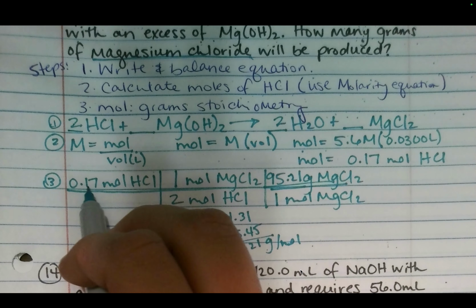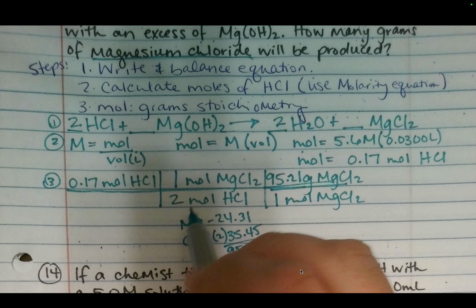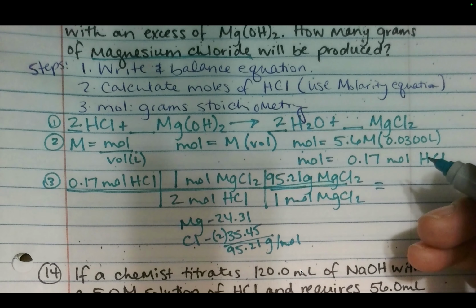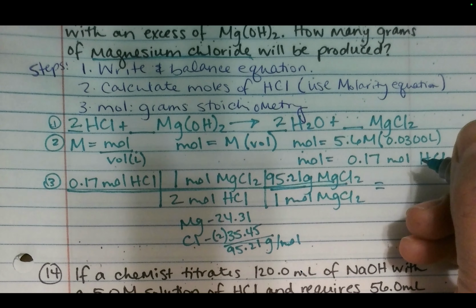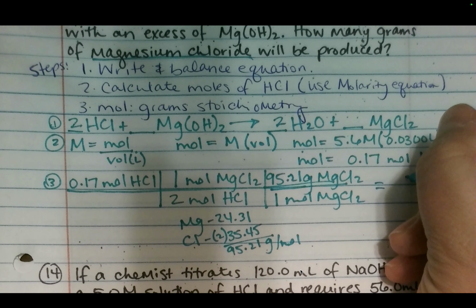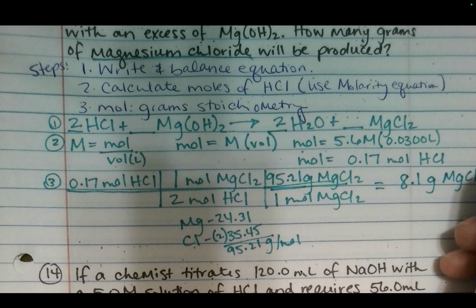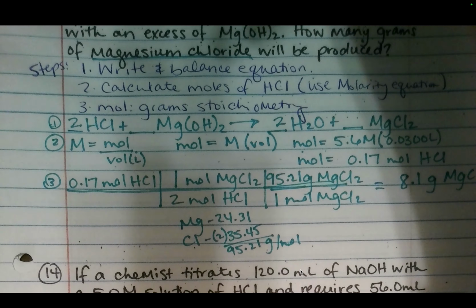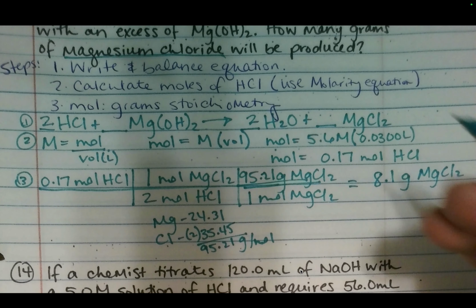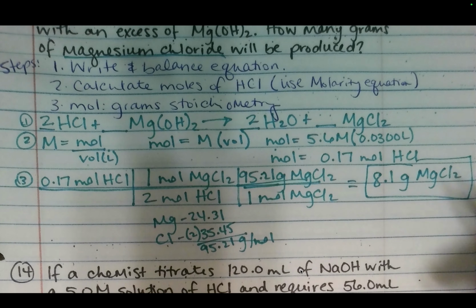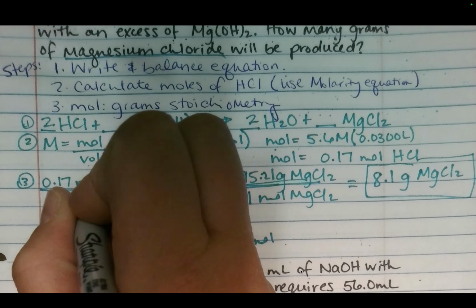Okay, 0.17 times 95.21 divided by 2. And that's going to give me, in 2 significant figures, 8.1 grams of MgCl2, magnesium chloride. Okay, make sure everything cancels.